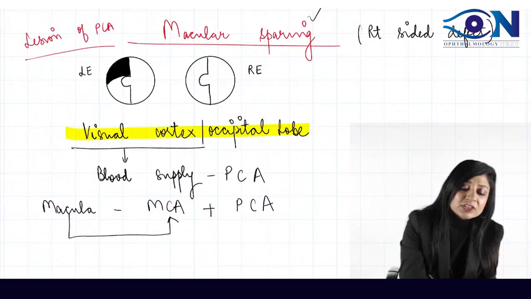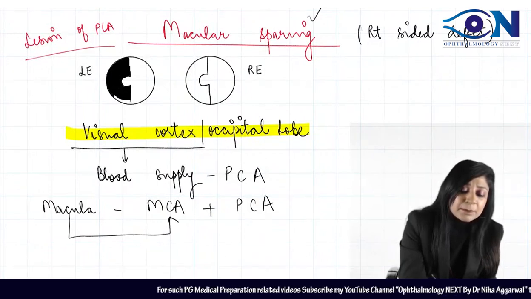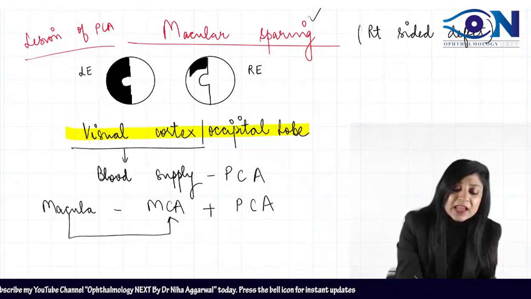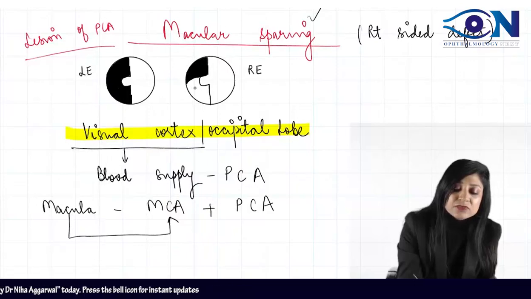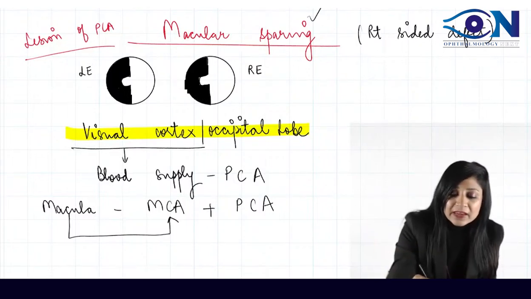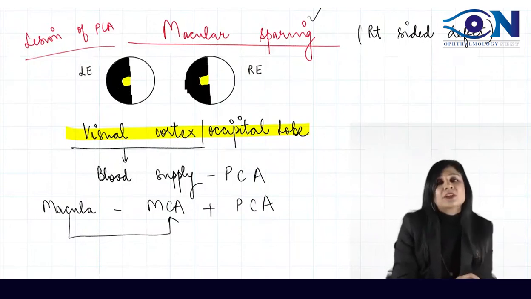Whole of the area which is supplied by this posterior cerebral artery will become blind, while the area which is supplied by the double blood supply, that is having the supply from middle cerebral artery as well as the posterior cerebral artery, that will continue to have vision. So see, peripheral area has gone blind and the central area will continue to have vision. Actually, this is called macular sparing.